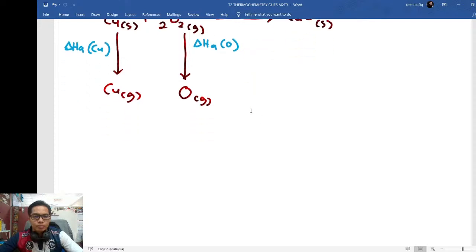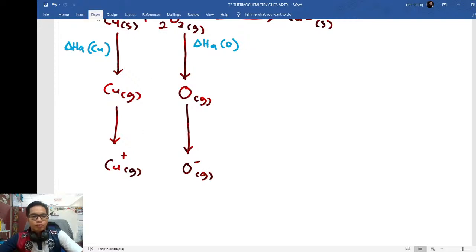Then from Cu gas we are going to produce Cu plus 1 gaseous ion. Oxygen gas atom to produce oxygen minus 1 gas ion. And this is Cu gas to Cu plus 1 is first ionization energy. Oxygen to oxygen minus 1 is our first electron affinity.